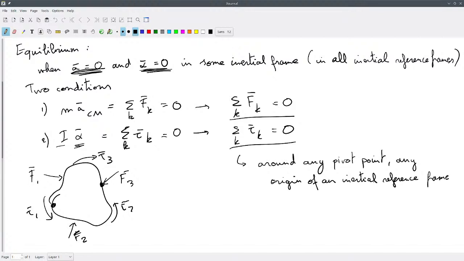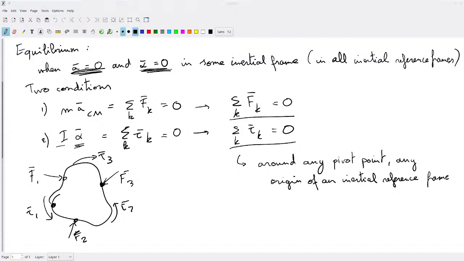So if we are given, for example, some of these forces, we would probably pick the origin at the point where one of these forces applies, just so we end up with a zero torque for at least one of the terms. So we can choose any axis, any point of reference, any pivot point, and use that to calculate our torques around.